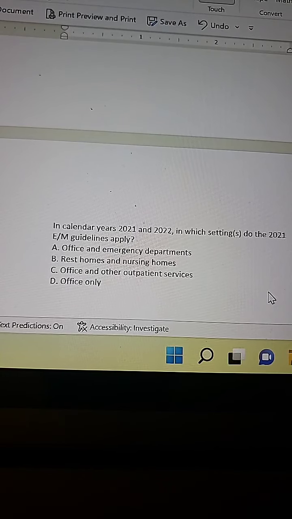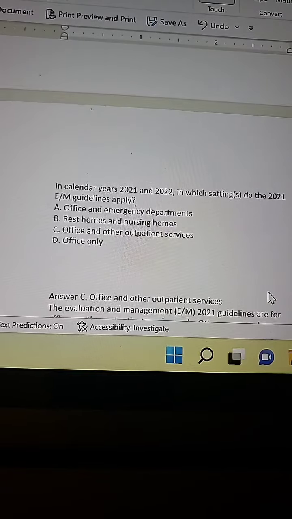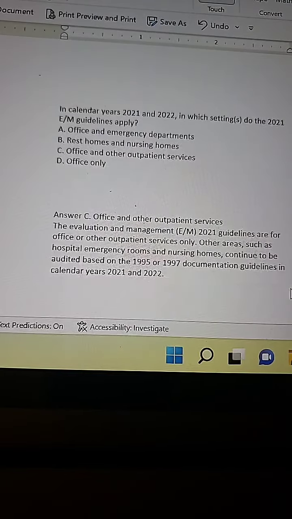I got two C's. C is the answer, yes. And they keep bringing up these 95 and 97 documentation guidelines. I've read them.